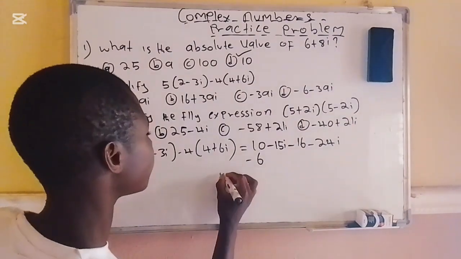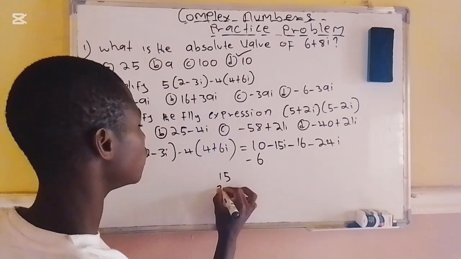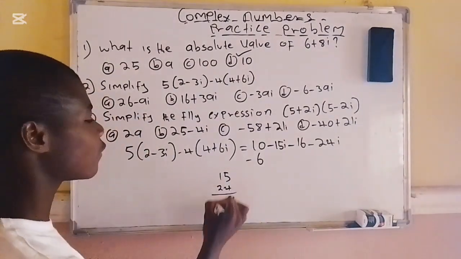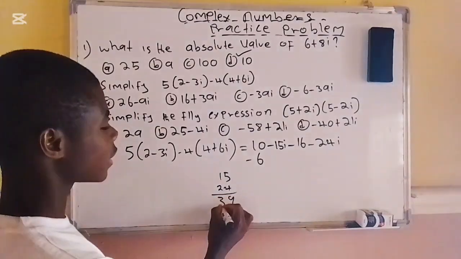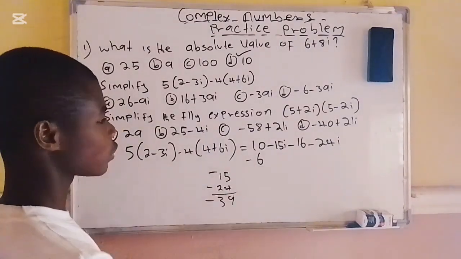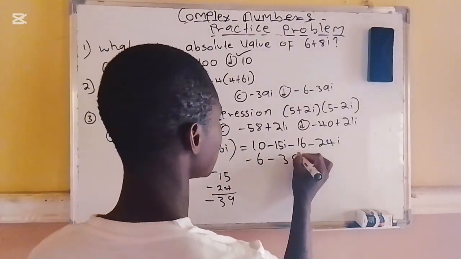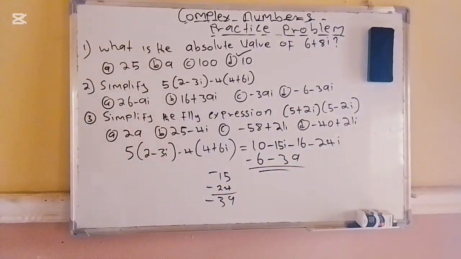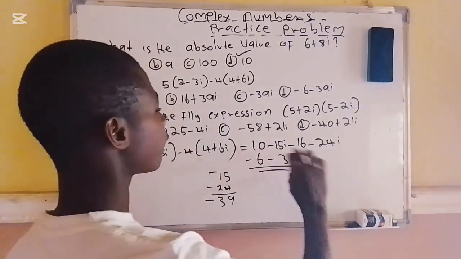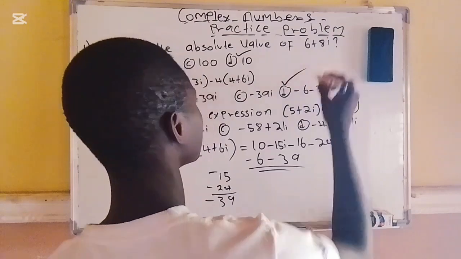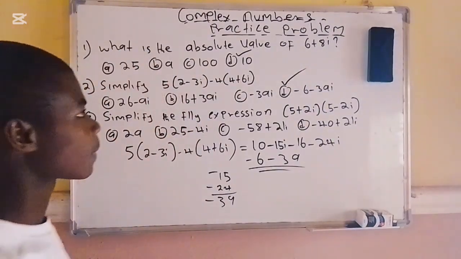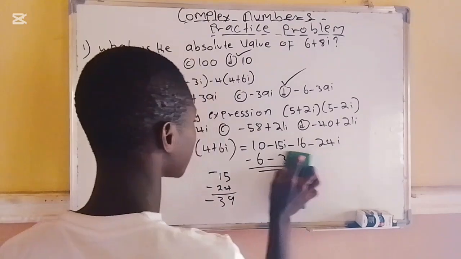If I say 15 plus 24, 5 plus 4 is 9, and 1 plus 2 is 3, but I have a negative sign, so it will be equal to minus 39. So we take a look in the options to see whether we have this final answer. D is the final solution of the second question. So we have to move to the third question.